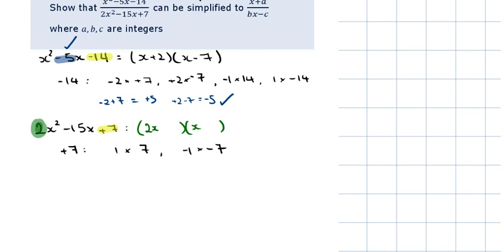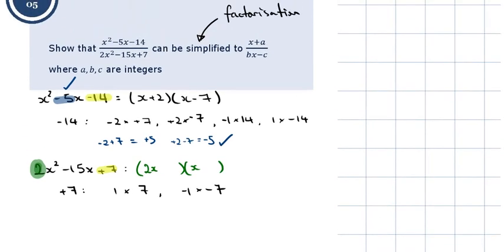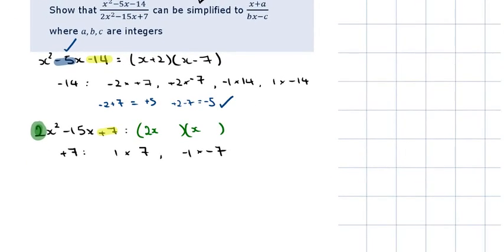Then you can either completely factorize this out, which could take you some time, or you can be a bit clever and look at the question, where this term has been simplified a little bit. We know that whatever's left up there is going to be x plus a, and whatever's left down here is going to be bx minus c. So you're basically cheating yourself a little bit there, but it doesn't really matter in terms of answering the question.